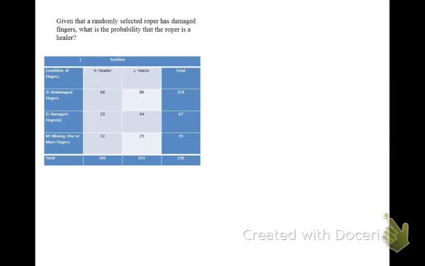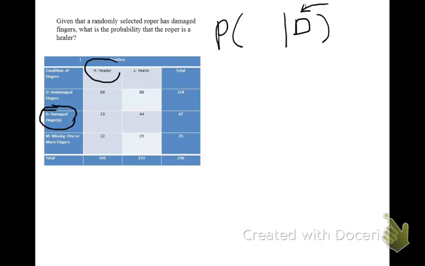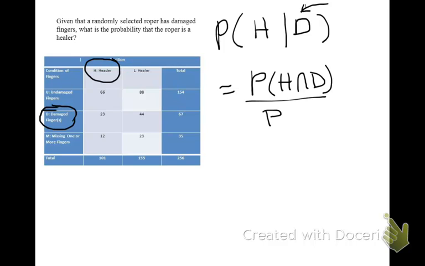Given that a randomly selected roper has damaged fingers, so we know ahead of time, whatever you know ahead of time you put in this position, has damaged fingers. Well, let's see, the symbol for that is D. What is the probability that the roper is a healer? And in terms of notation, healer, that's H. So if I apply the formula, it says find the probability of the intersection divided by the given.